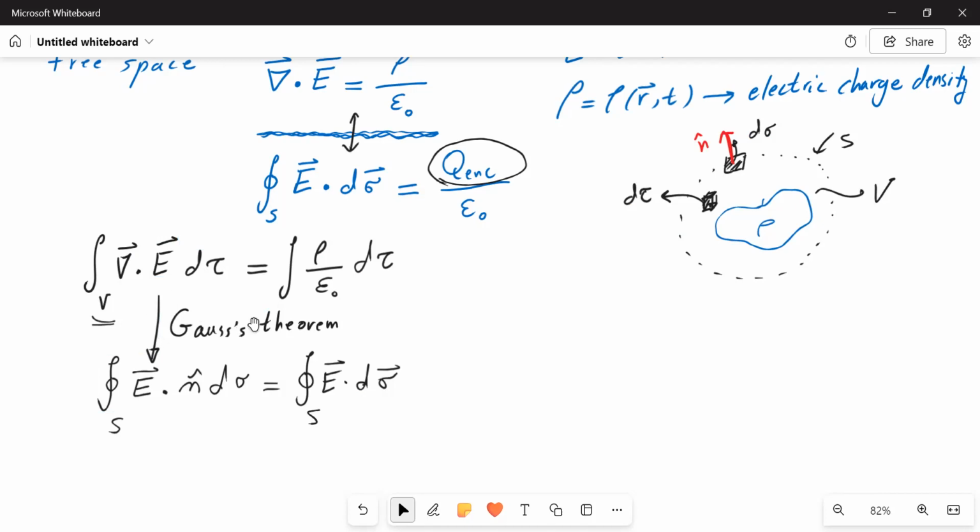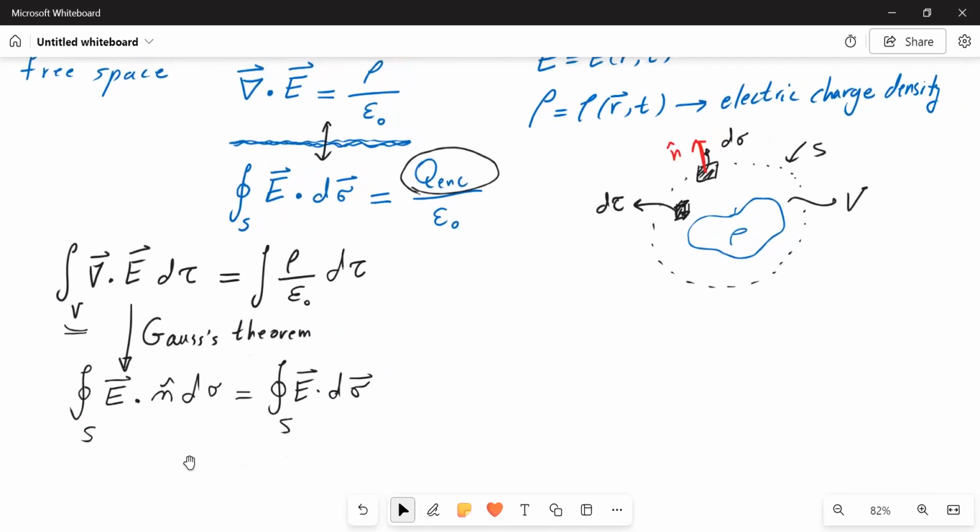So assuming we apply Gauss's theorem to this electric field, this is the form that it would take. In other words, it will just be the dot product between E and d sigma over the surface area S.